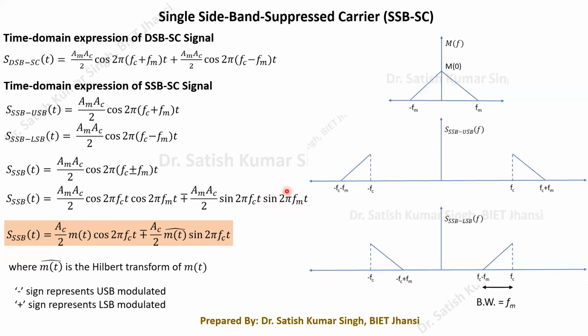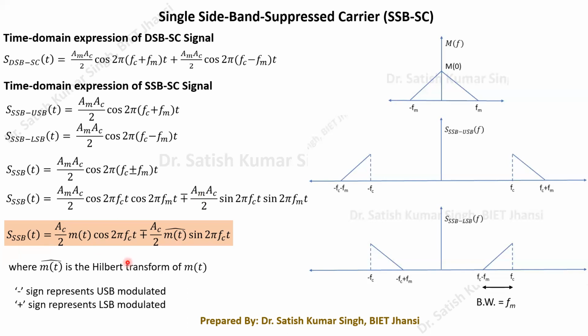In the case of a sinusoidal signal, it will be a 90-degree shifted version, and it will be represented by its equivalent Hilbert transform. So it is m cap t and sin 2 pi fct. So basically, this is our generalized time domain expression for the SSB-SC signal, the single sideband suppressed carrier signal.